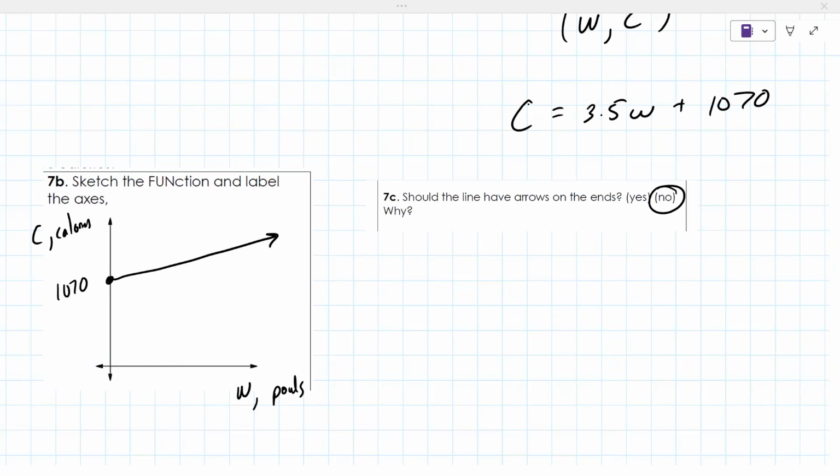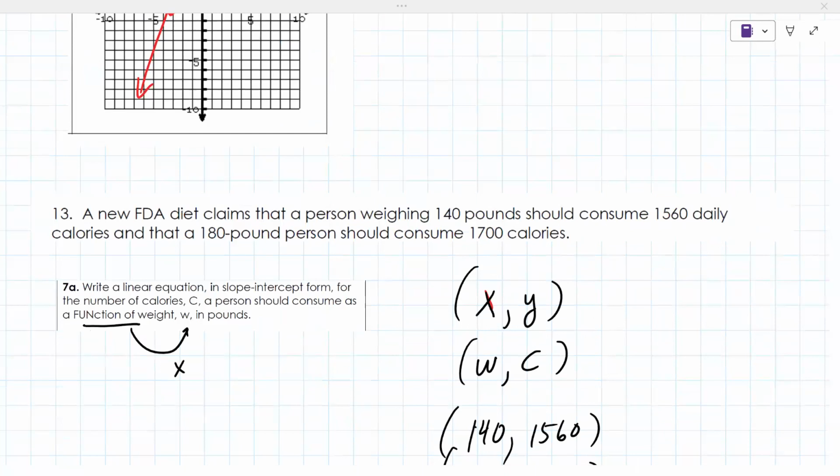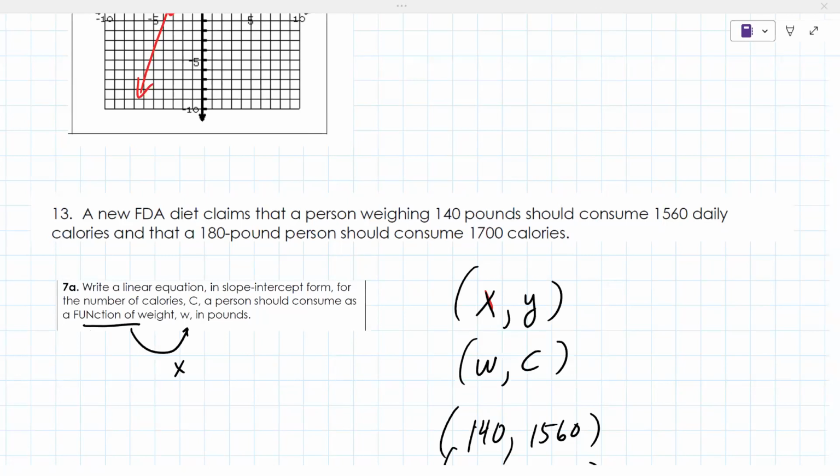That's good. That's kind of stuff you've got to pay attention to, what's going to be on the test. So example 6 is just this word problem. We've done 3 of them now, and all of them pretty much have the same structure: asking you to write the linear equation, asking you to graph or sketch it, and then explaining if it should have 2 arrows on the ends. That's pretty much all we've done today, with the exception of 4, 5, and 6 on the homework.